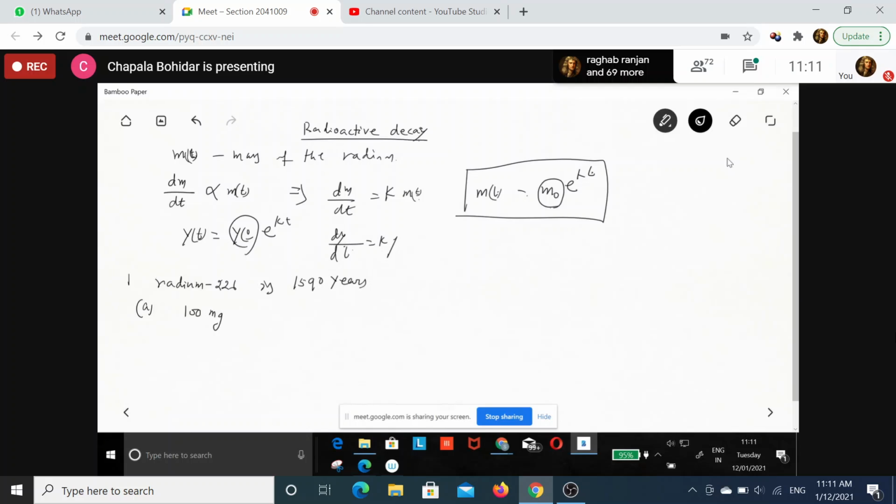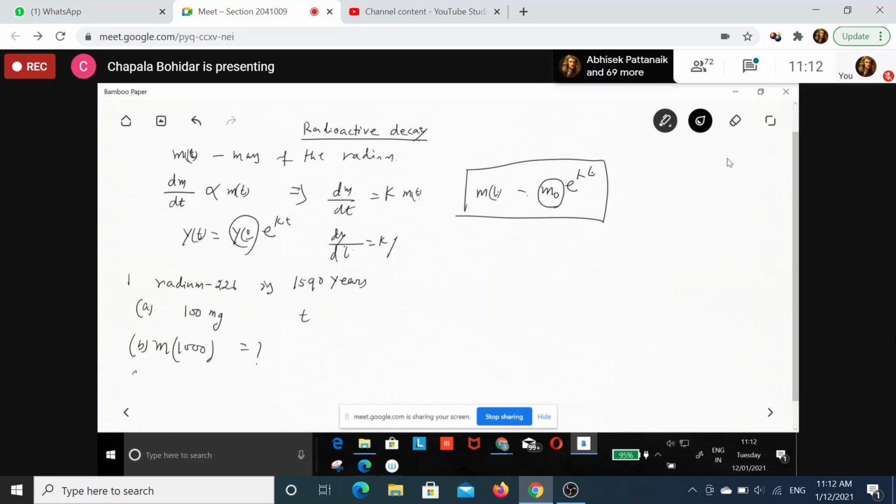You have to find your formula in terms of t. Part B. Find the mass after 1000 years. You have to find M of this, correct to the nearest milligram.